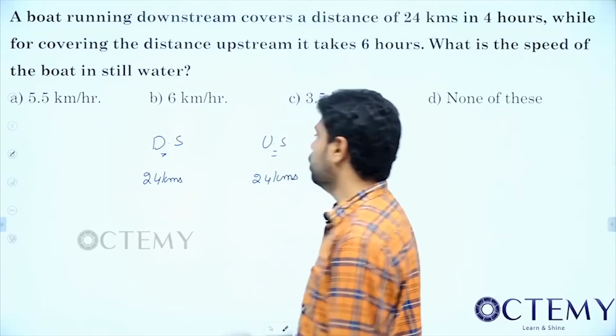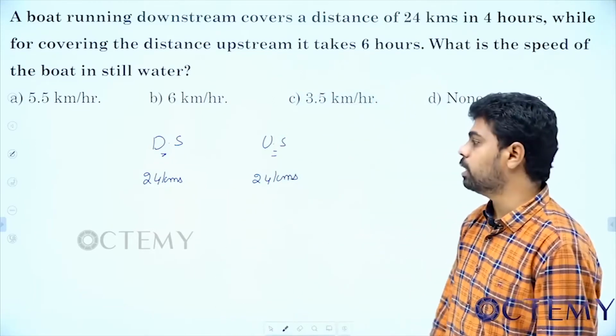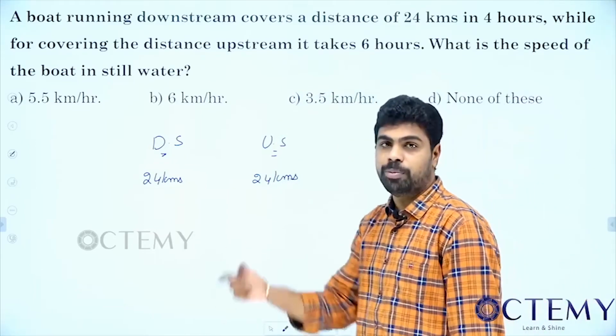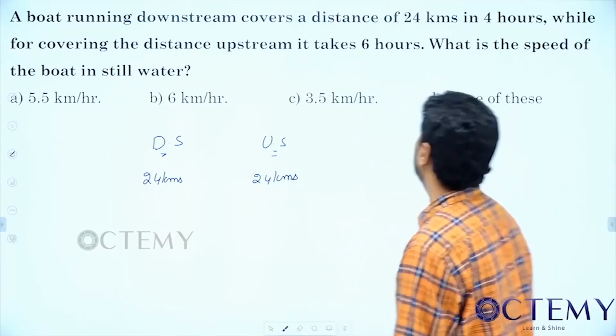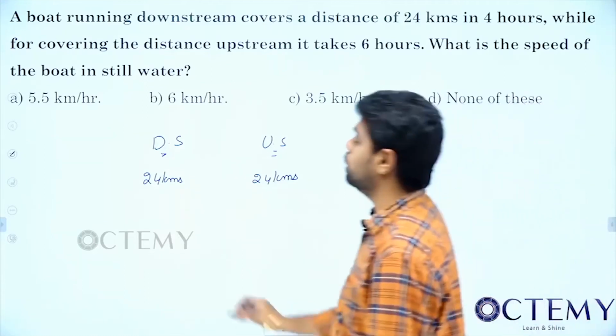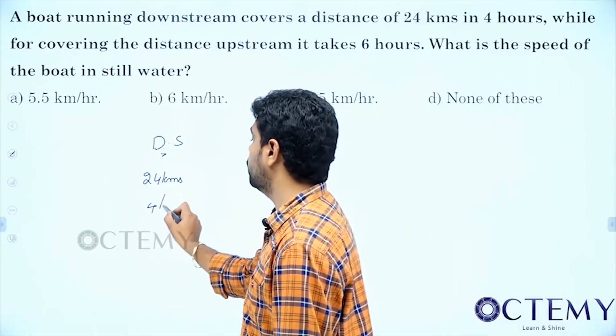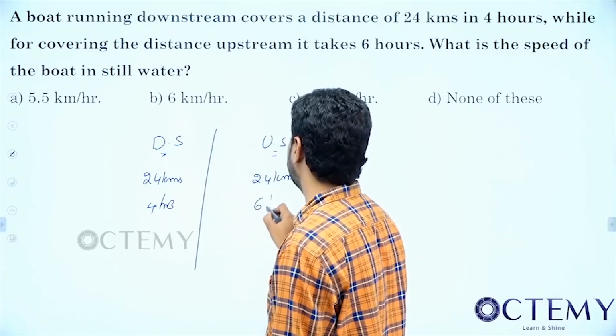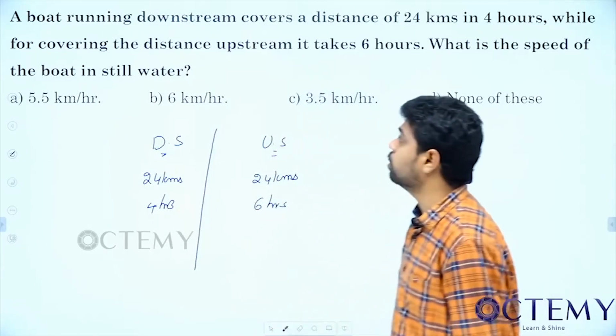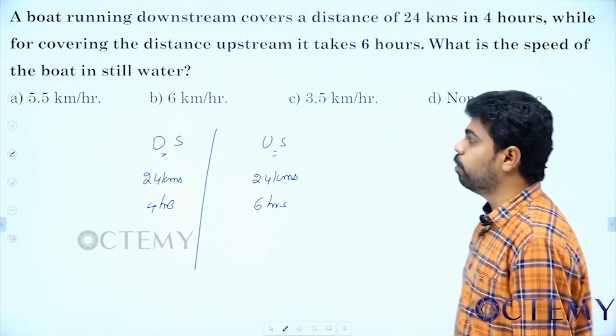Observe carefully. He is going 24 kilometers and coming back 24 kilometers. From now all the questions which I give are GATE questions only. Okay. So for covering 24 kilometers downstream it is taking 4 hours. Now here it is taking how many hours? 6 hours.